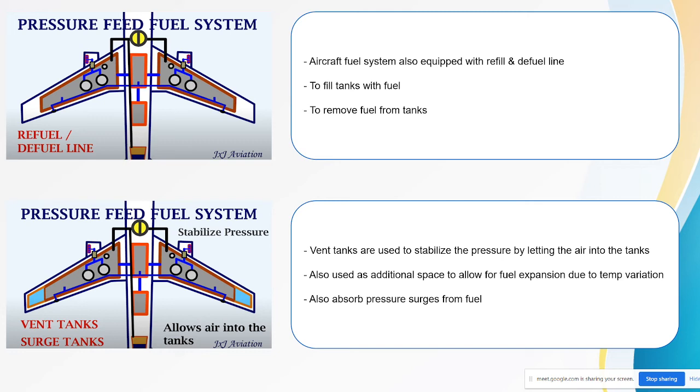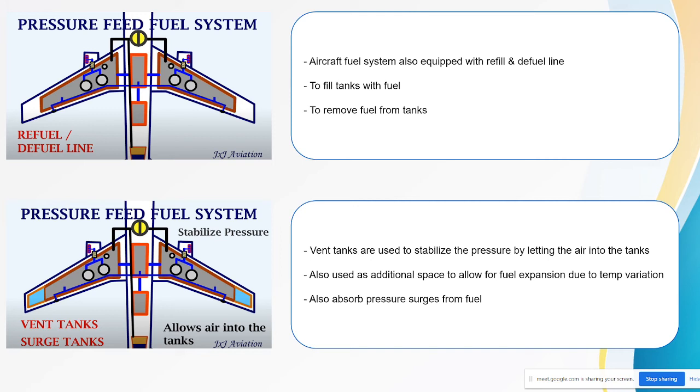Vent tanks are used to stabilize the pressure by letting air into the tanks. Besides that, they also serve as additional space to allow for fuel expansion due to temperature variation. As the temperature increases, the fuel may expand and cause some spilling. In case of spilling, it will flow into the vent tanks, which is empty space.